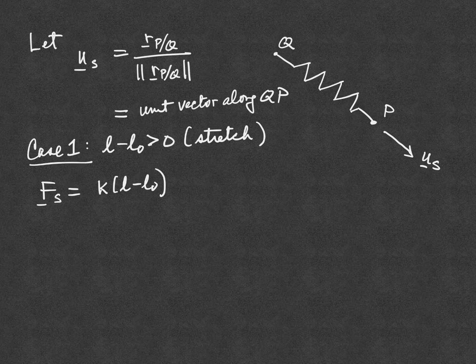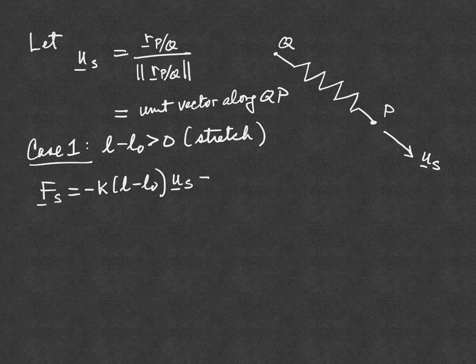Well, U_S is the unit vector in the direction from the attachment point to the particle, but because L minus L0 is bigger than 0, this force is in the wrong direction, because this force has to be in the direction from P to Q, not in the direction from Q to P. So there has to be a negative sign in front. And that's the model for the case of stretch.